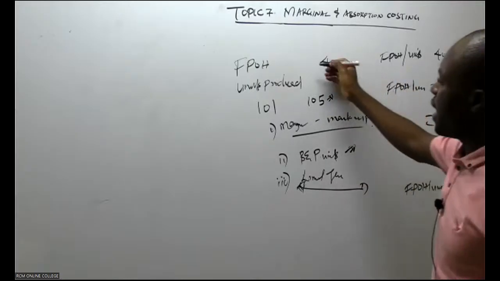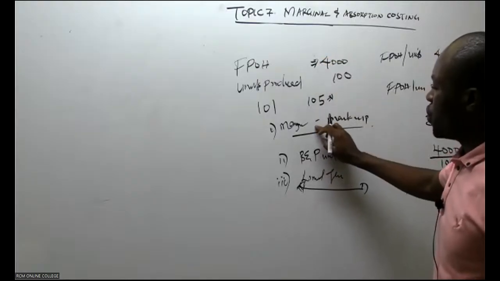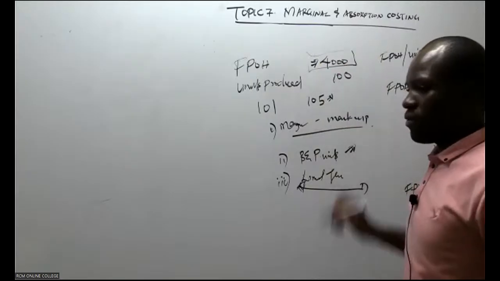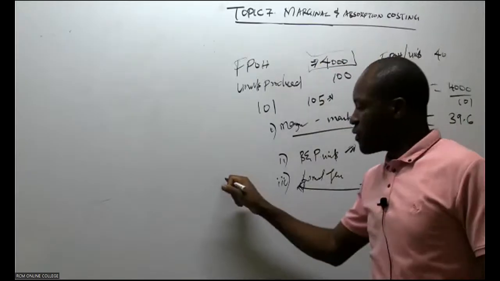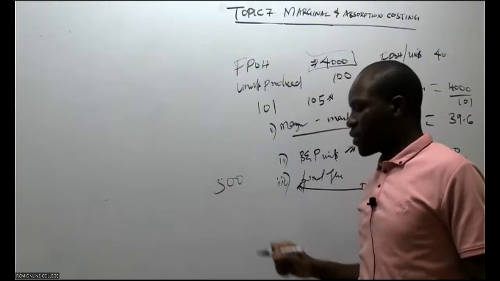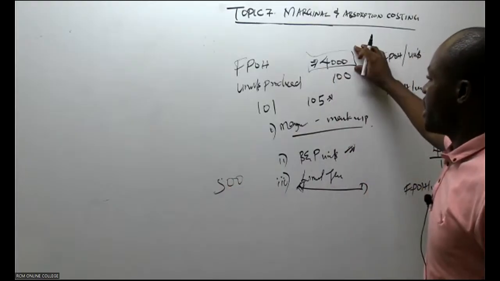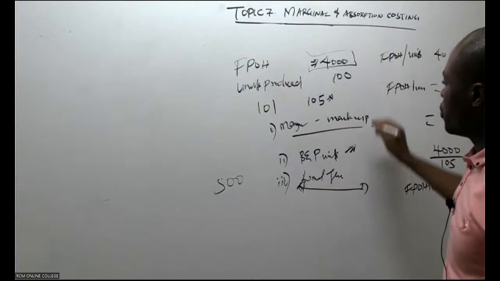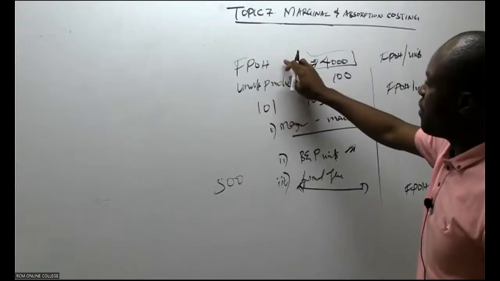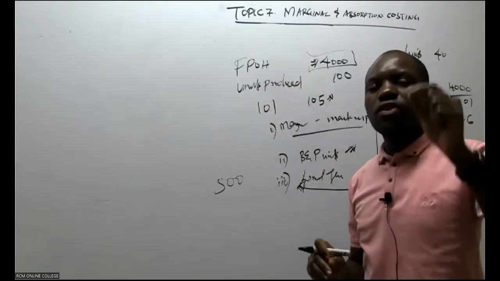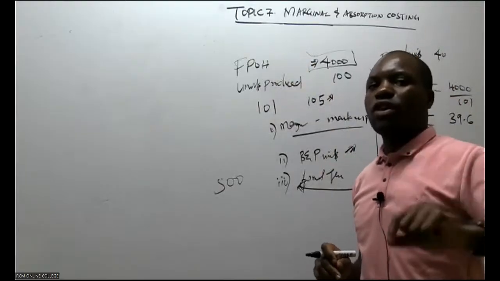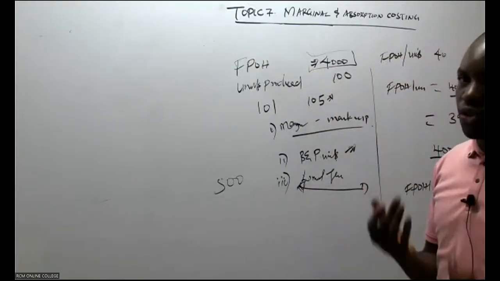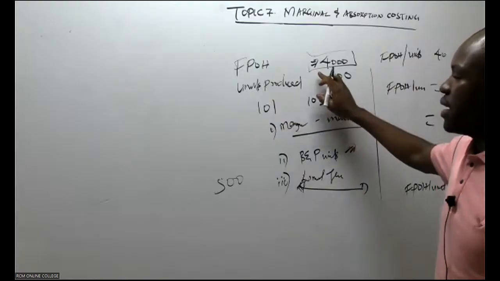So imagine under marginal costing, it says that the fixed overheads are constant. It does not change. Even if you produce 500 units, it will still be this one here. But under absorption costing, you'll be able to see that the fixed production overheads must be used in consideration of what was actually produced. You give us the standard, yes, but we compare the actual overhead as per your standard.